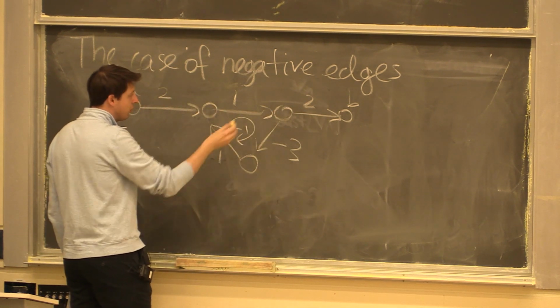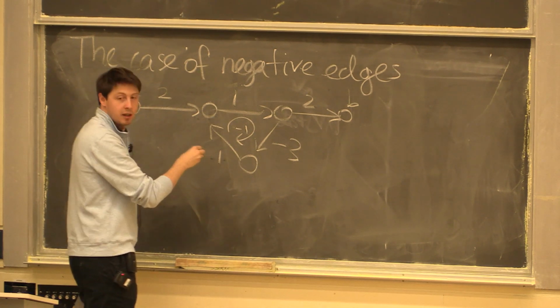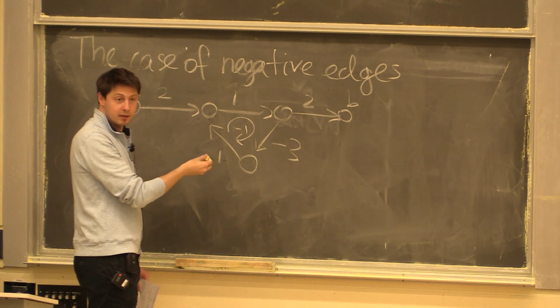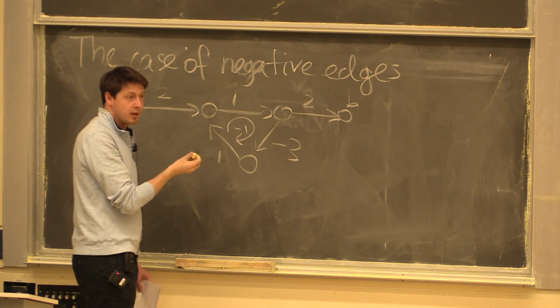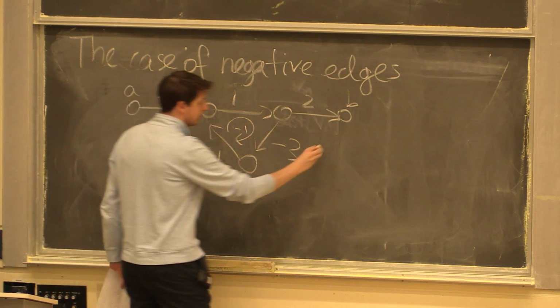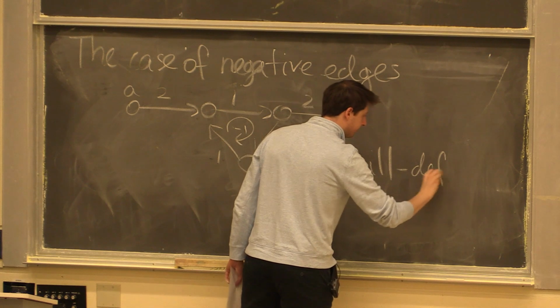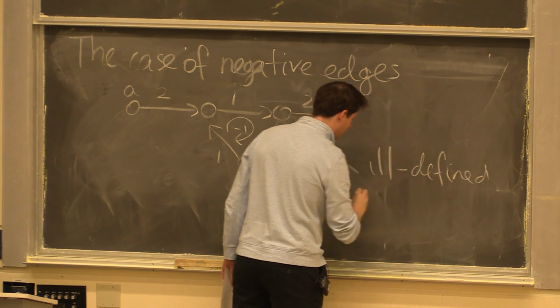If you go around the loop once, it will cost you less, which is 3. If you go around it one more time, it will cost you 2. So there is no answer. It is ill-defined with negative cycles.